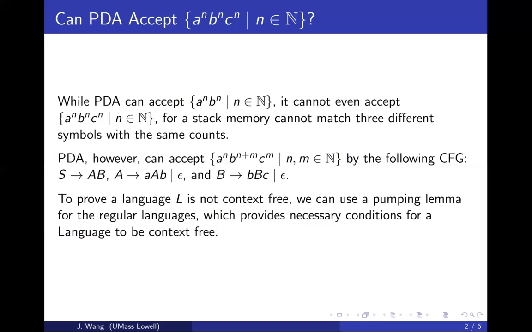But once you add one more term here, then for a PDA, now remember, a PDA can memorize some patterns, but once you have a to the n, b to the n, and c to the n, if you do matching, you can pair off a to the n and b to the n, but then what happens to the c to the n?